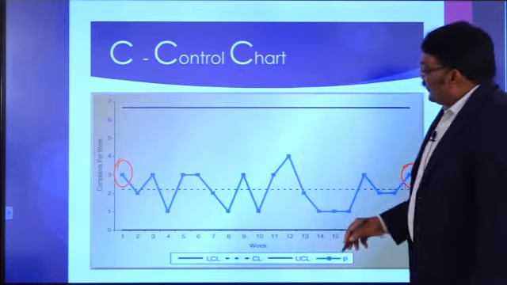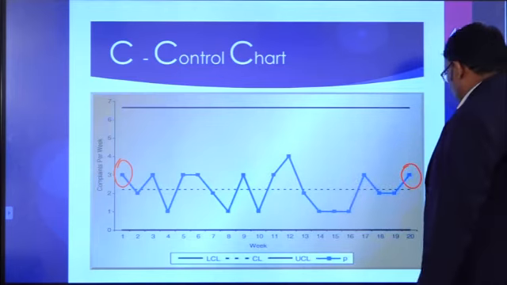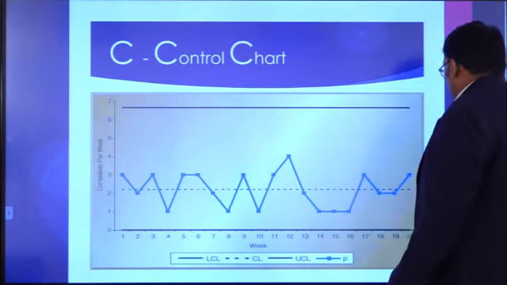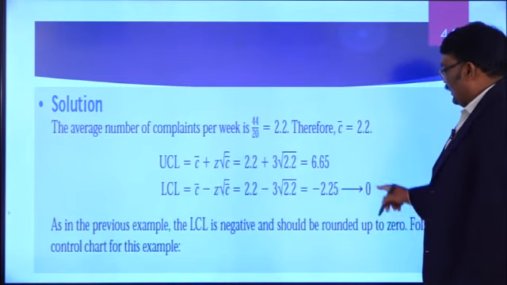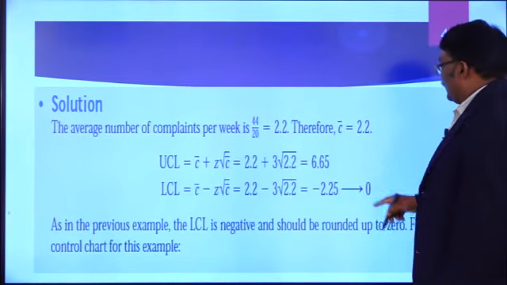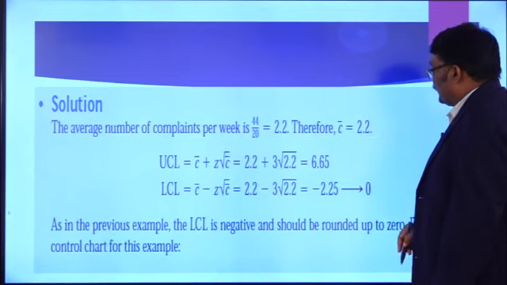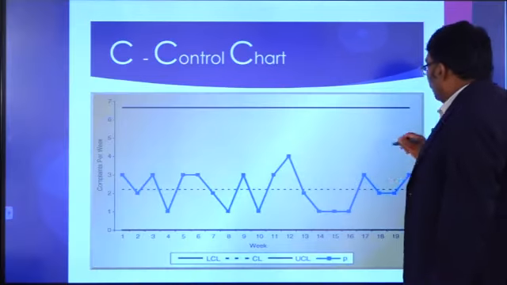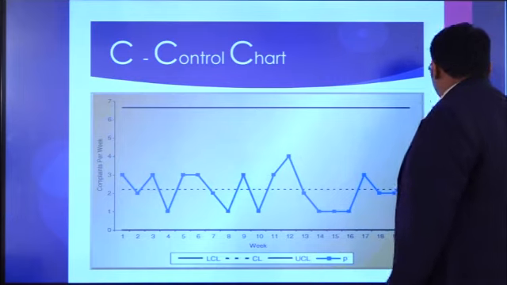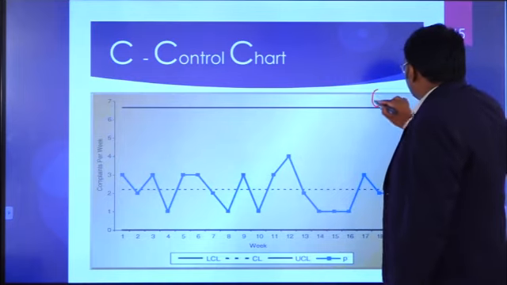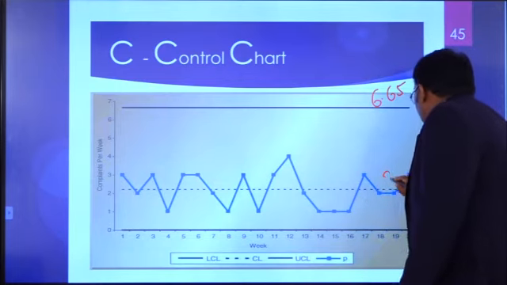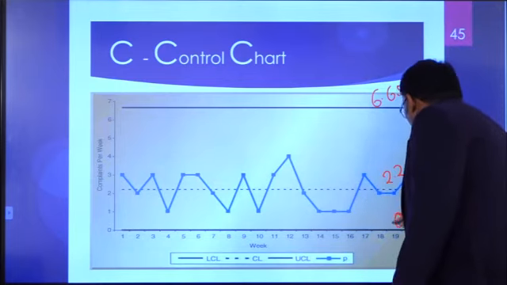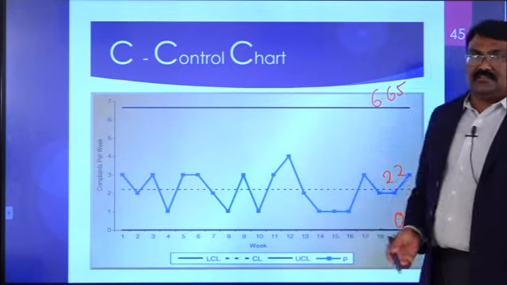The limits we have already seen: 6.65 is the upper control limit, the central limit is 2.2, and the lower limit is 0. These are the three limits.